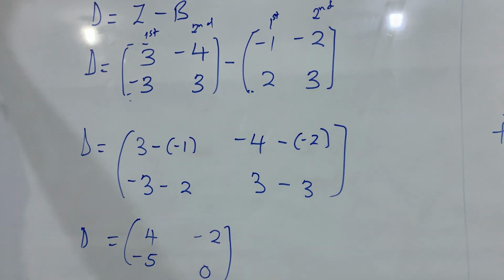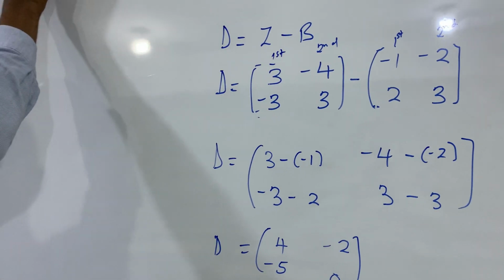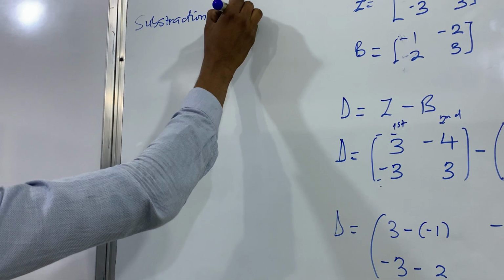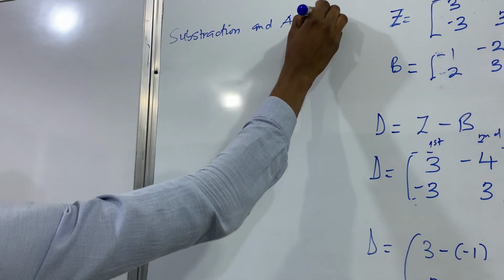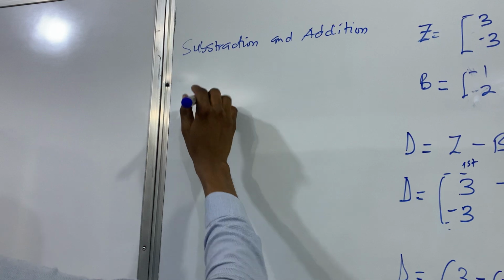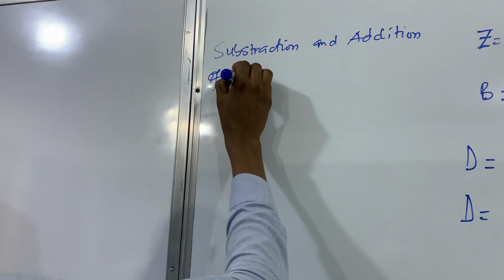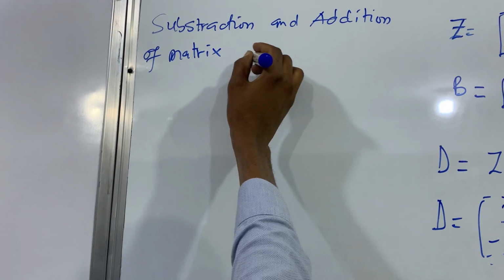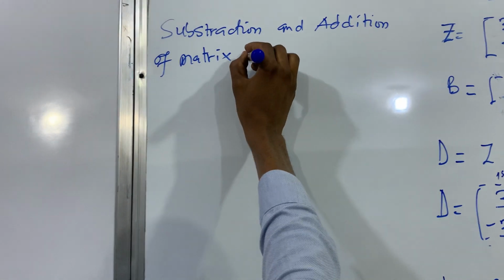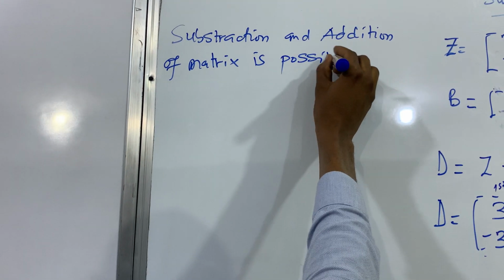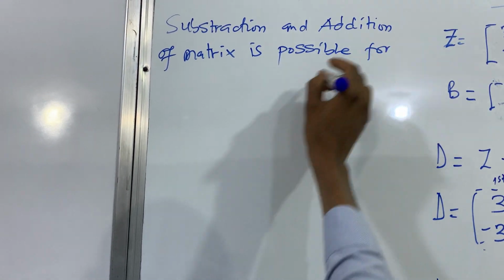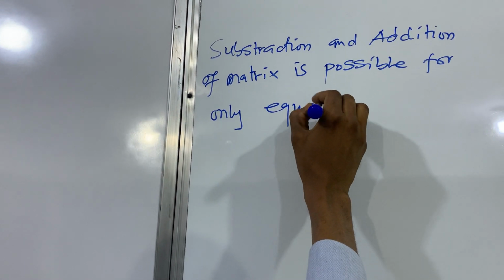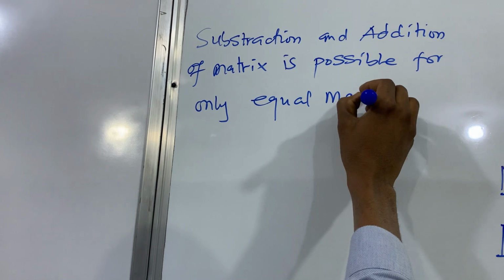In matrix, the subtraction and the addition of matrix is only possible for the case of equal matrix. It's possible for only equal matrix.